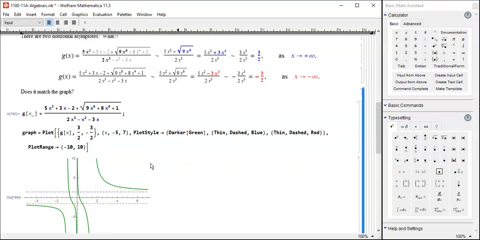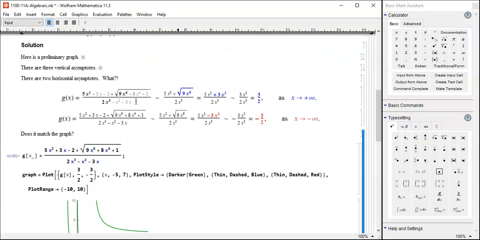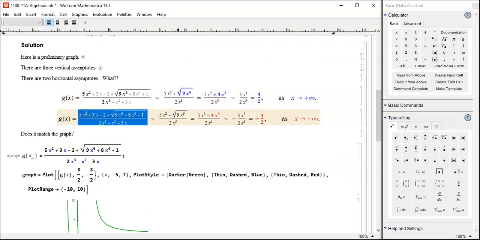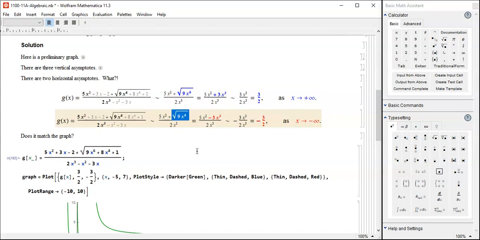But then again, how do you get the other horizontal asymptote? Well, we do the same thing down here. We simply take the highest degree terms, the leading terms, and let's focus upon this square root, which is highlighted in red now. Square root of 9 is 3, and square root of x to the 6th is x to the 3rd power, but there's a catch. This square root here is always positive because this is the positive square root.